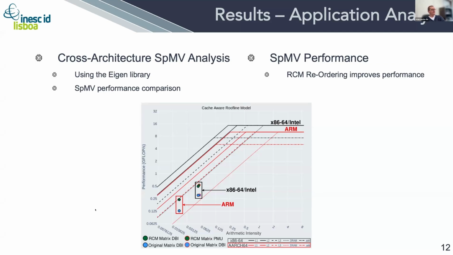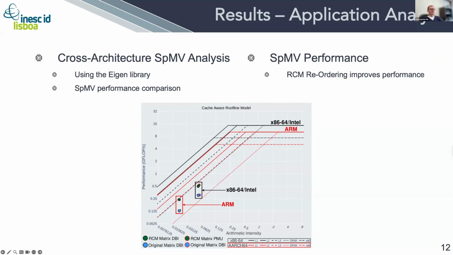Okay, you can also use CARM to perform a deeper analysis of your applications, even across different architectures. For example, here we are showing an example where you can plug in the same application that is run on an Intel platform and an ARM platform, which is actually SPMV with reordering.